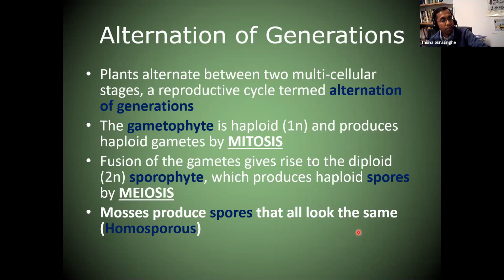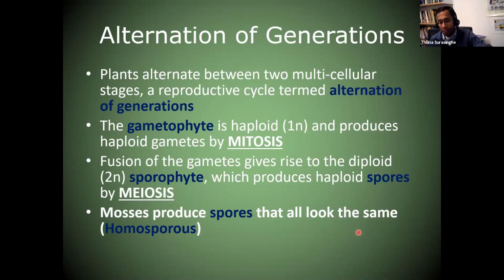Now, what is the gametophyte? The gametophyte is haploid, meaning it only has a single set of chromosomes of its entire genome, right? And that gametophyte produces haploid gametes by mitosis, right? And you have to recall your cell division lectures from your Bio 121, where mitosis is a cell division process that creates a sort of carbon copy of the original genome, the original DNA.